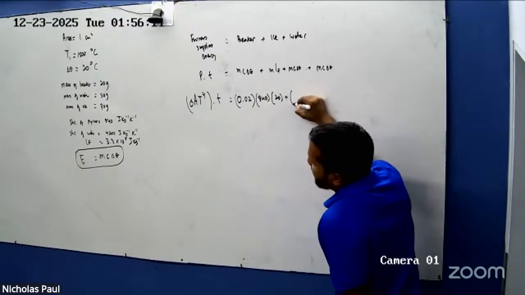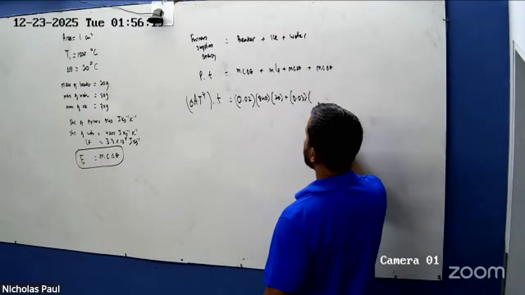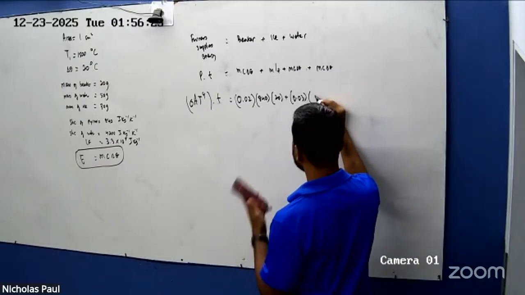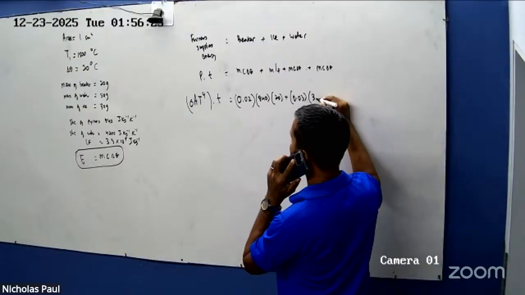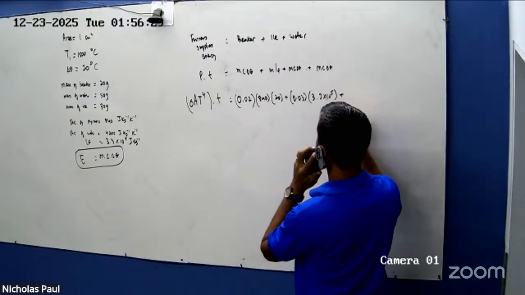The mass of the water from the ice is 0.03 by the latent heat. Calculate.